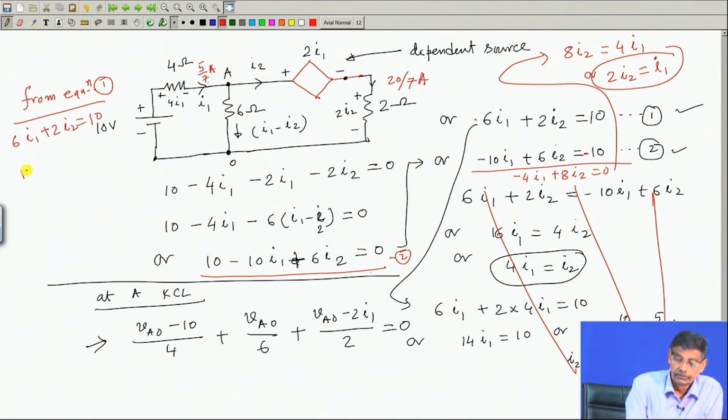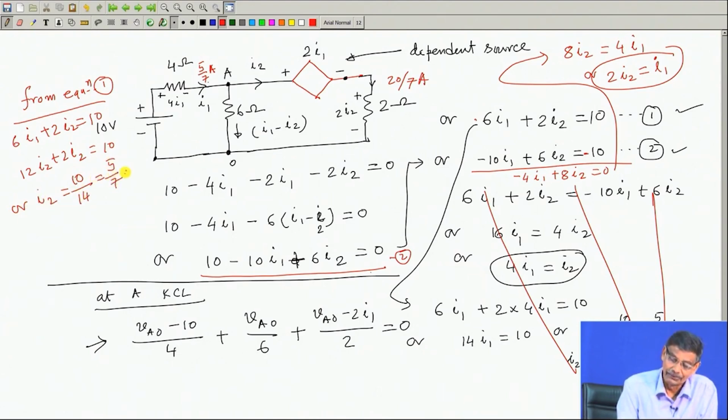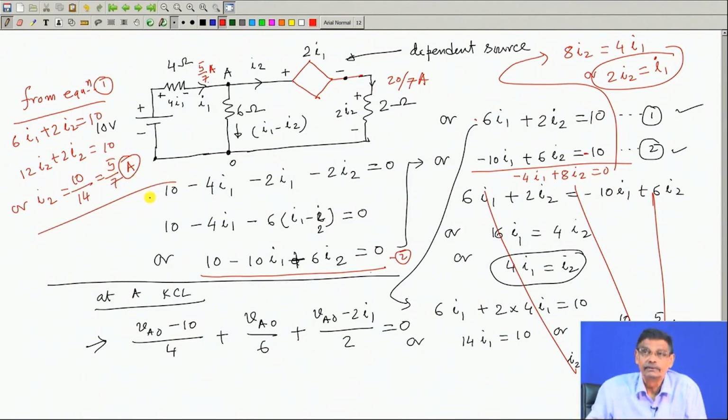So, it will be 12 I 2 plus 2 I 2 is equal to 10, or I 2 is equal to 10 by 14, which is equal to 5 by 7 ampere. Oh, that is fine. So, some mistake was there, I think you have understood.